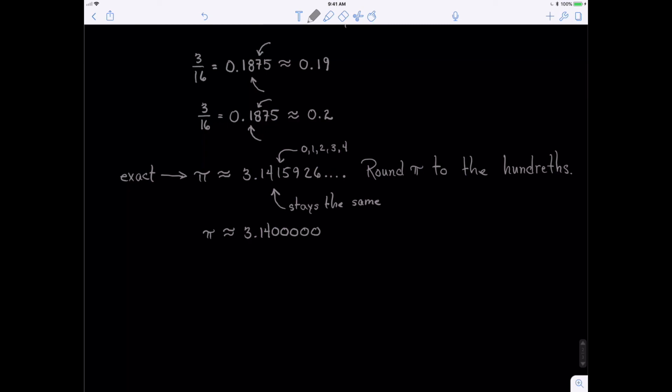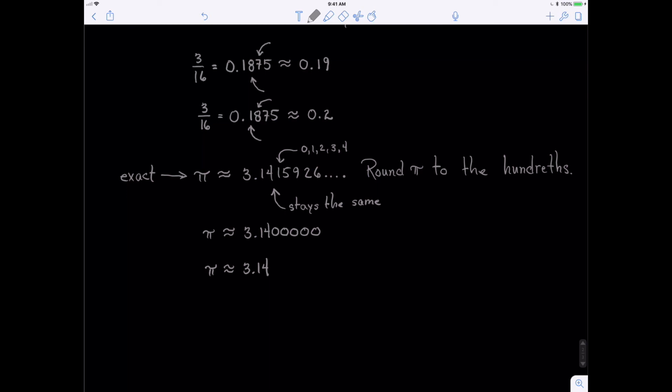And when we have just zeros on the decimal that continue out forever, we don't write those. So the easiest way to write it is pi is approximately 3.14. And that is how we round.